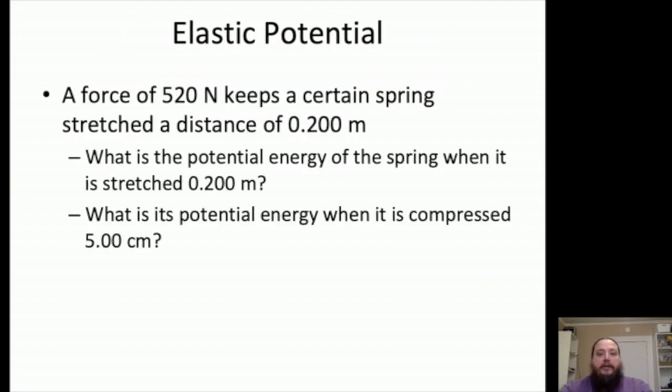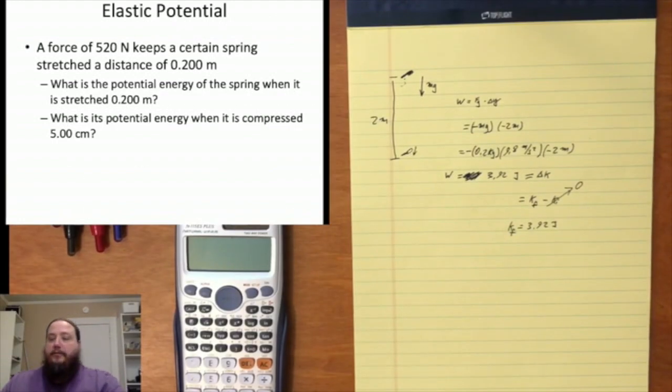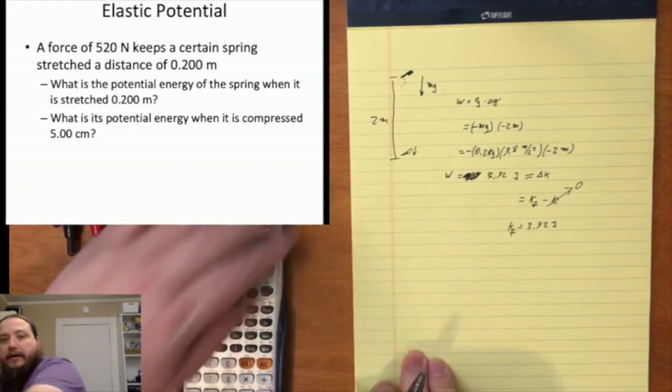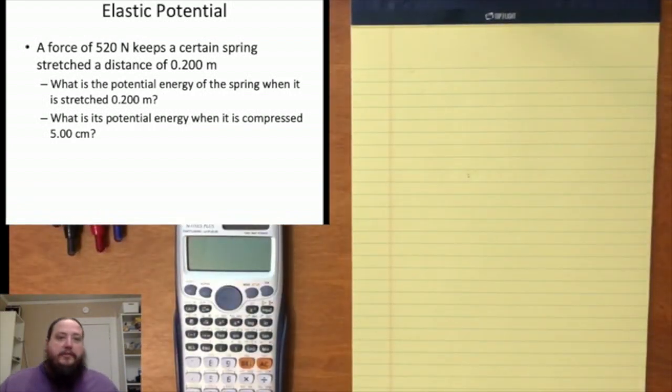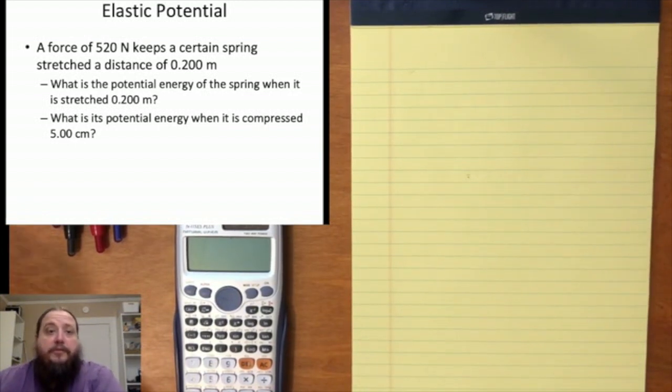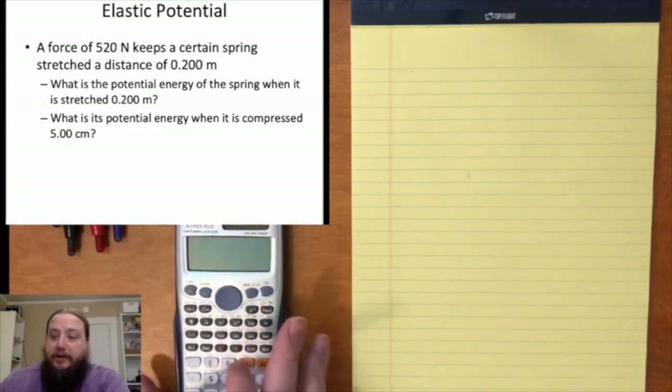All right, so here let's try an example with the spring force, and see if we can calculate this problem. So the problem says you have a force of 520 newtons, which is keeping a certain spring stretched a distance of 0.2 meters.